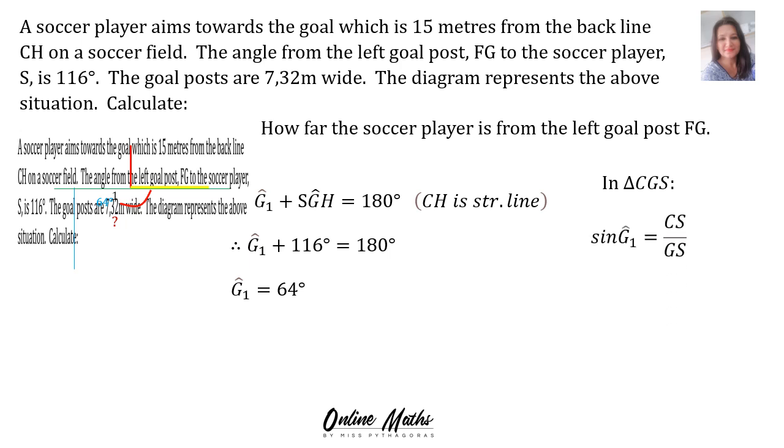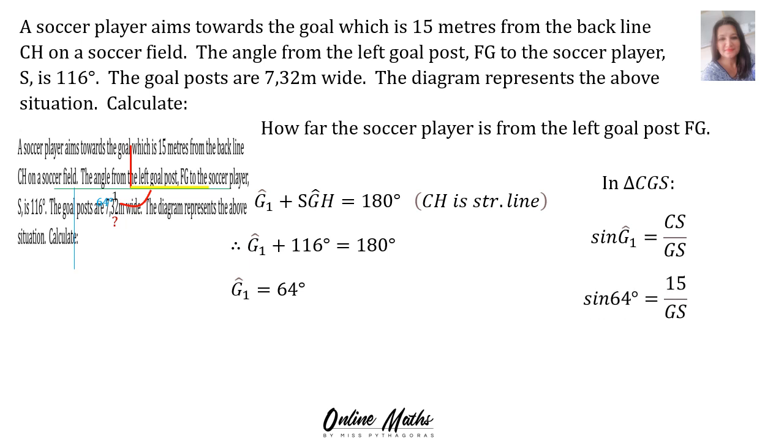So the ratio that's going to work here, the function is sine. The sine of G1 is, remember, sine's ratio is opposite over hypotenuse. Therefore, CS over GS.